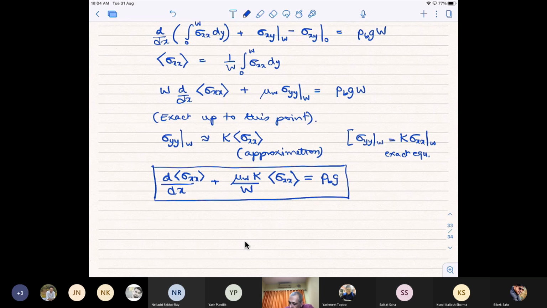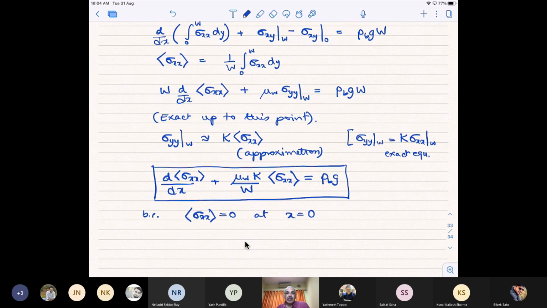The boundary condition, of course, because sigma xx is 0 on the free surface, is that the average value of sigma xx is equal to 0. At the free surface, we must have sigma xx equal to 0.